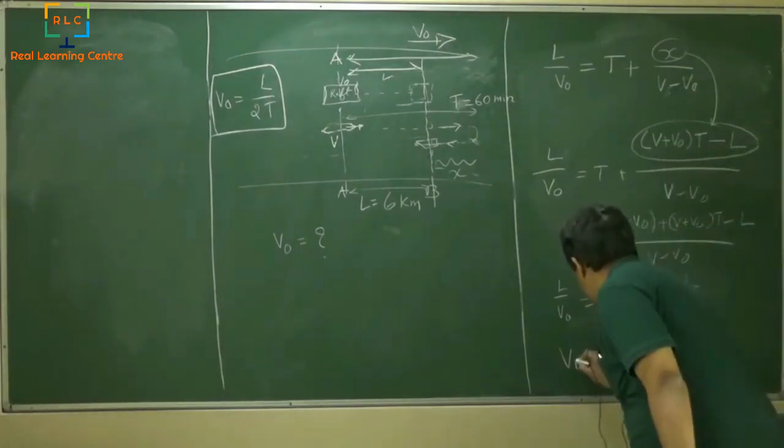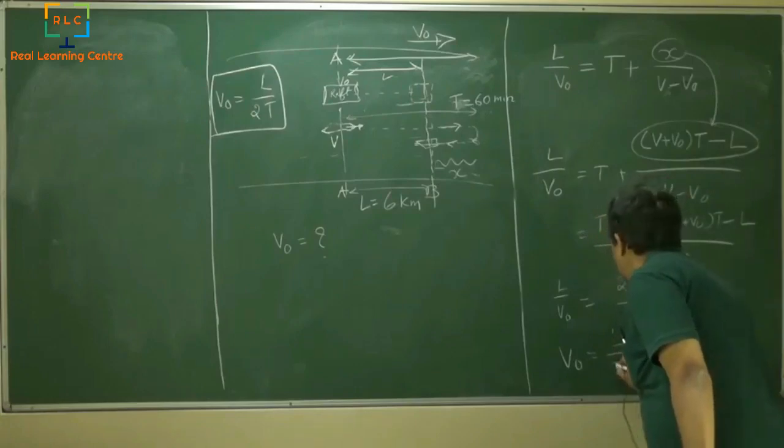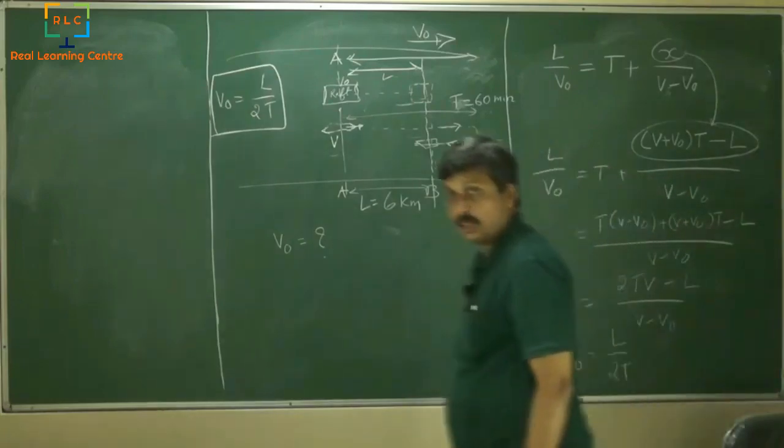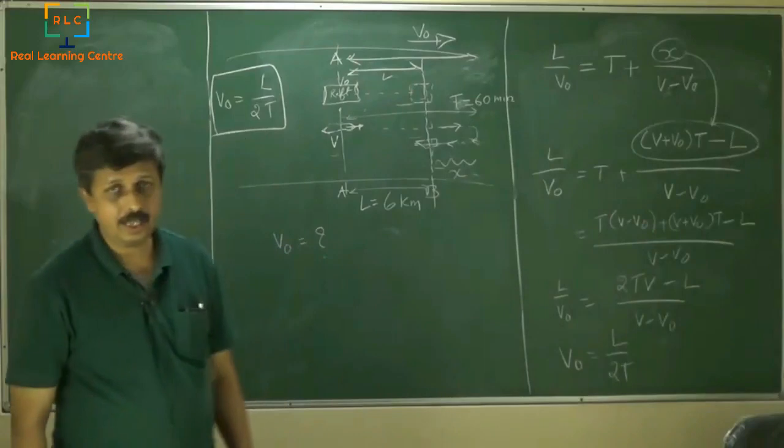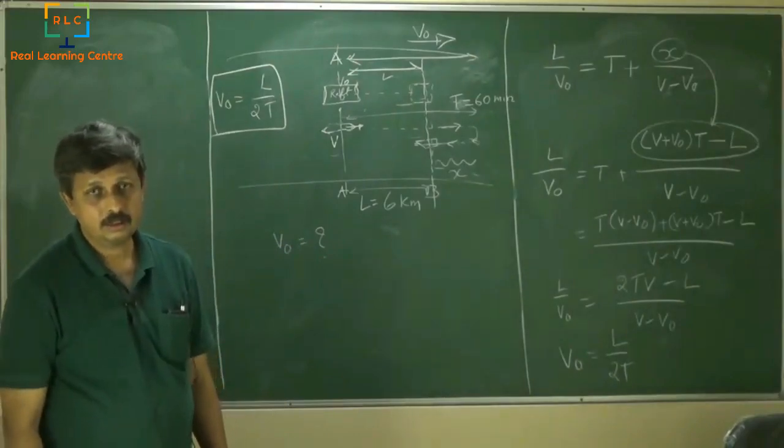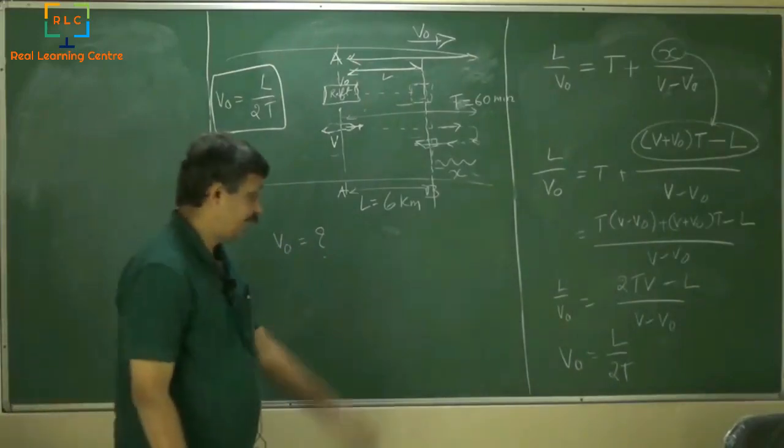V naught is equal to L by, this is what you get, correct? So now you substitute the value for L.